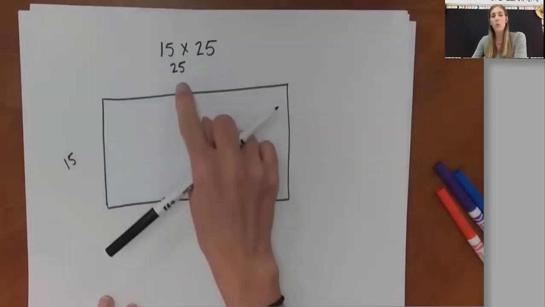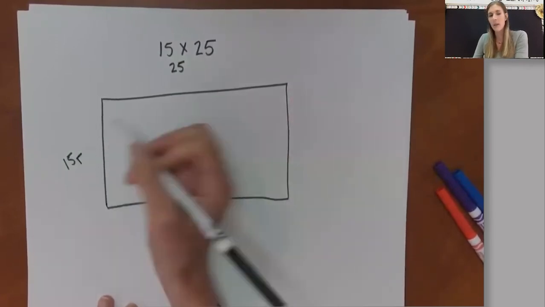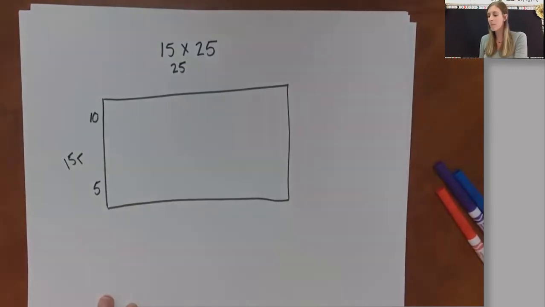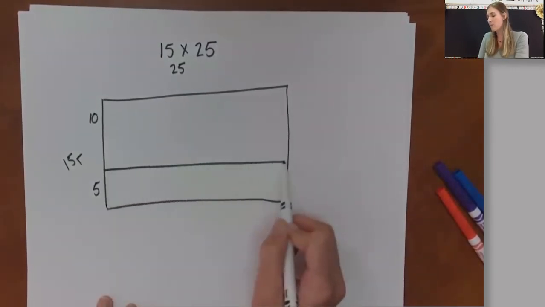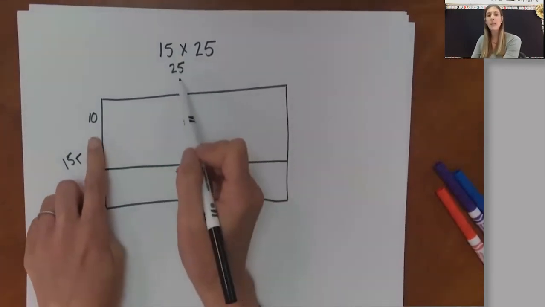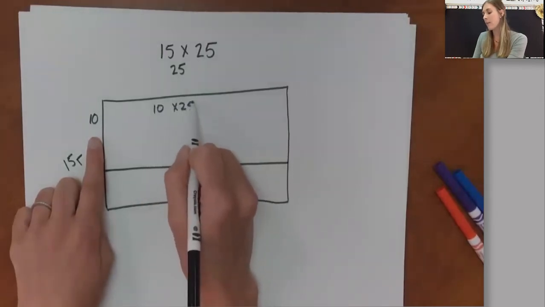But this time, because we're familiar with money, we're not going to decompose this 25. We're going to leave it. But we are going to break apart that 15 into 10 and 5. We're going to expand it out and divide our rectangle. So instead of 4 separate sections, we only have 2. We can easily multiply 10 times 25.